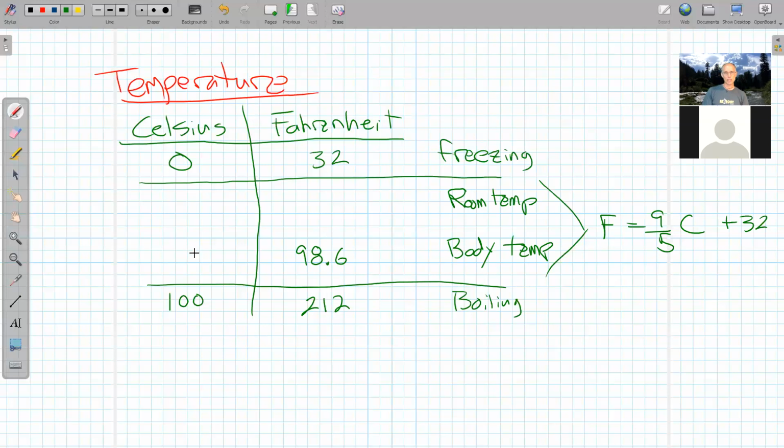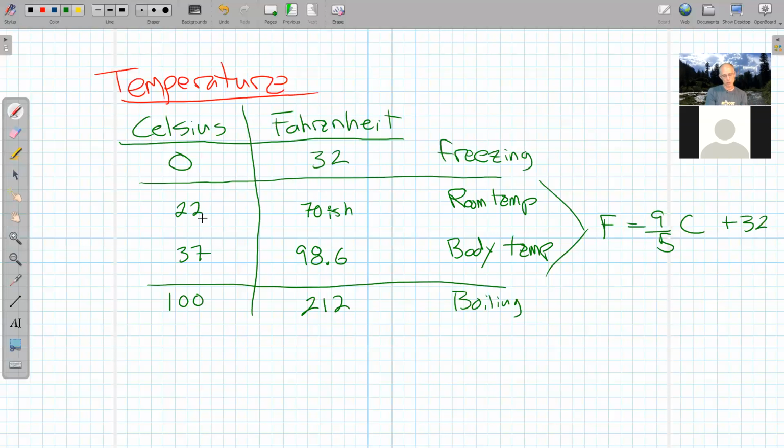In Celsius, that ends up being 37 degrees. Room temperature, we like to be about 70-ish, and that would be about 22 degrees in Celsius.